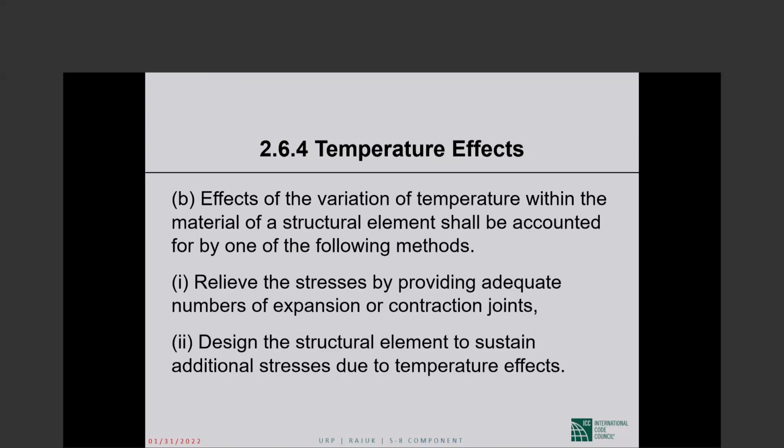Because of the temperature variations, which are extreme in Phoenix. You go to 100 and well, Fahrenheit degrees don't mean much to you. Anyway, extreme temperature differential from day to night. Anyhow, so design the structural element to sustain additional stresses due to temperature effects.